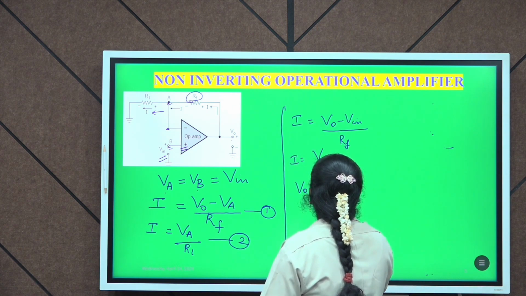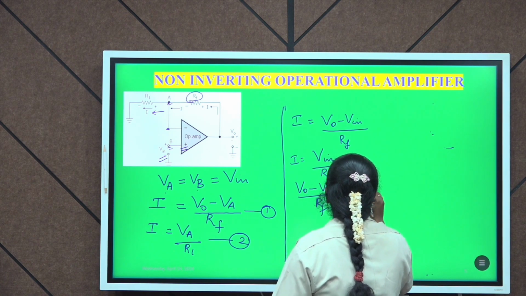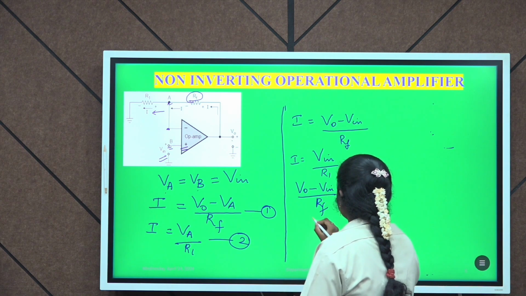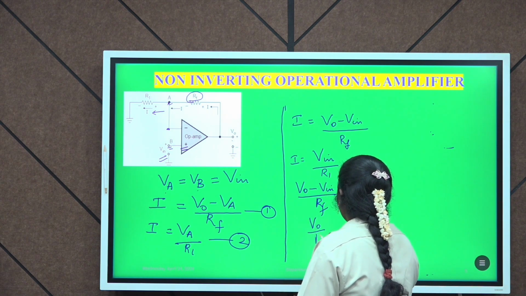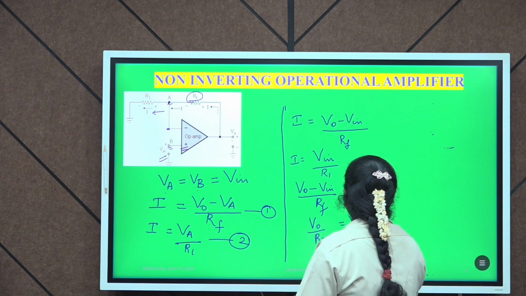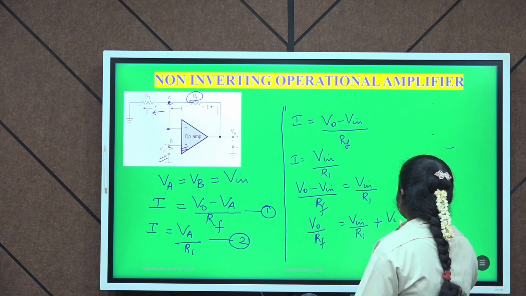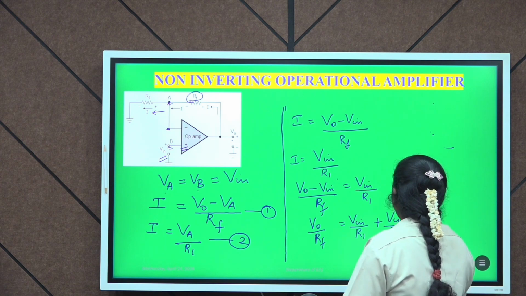So V naught minus V in by RF is equal to V in divided by R1. So V naught by RF is equal to V in by R1, bringing this to the right hand side, it becomes plus V in divided by RF.